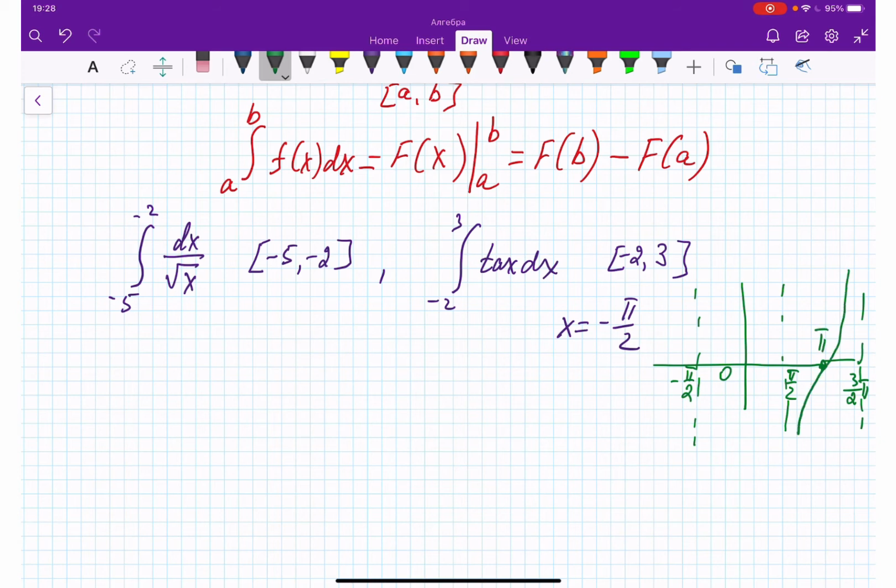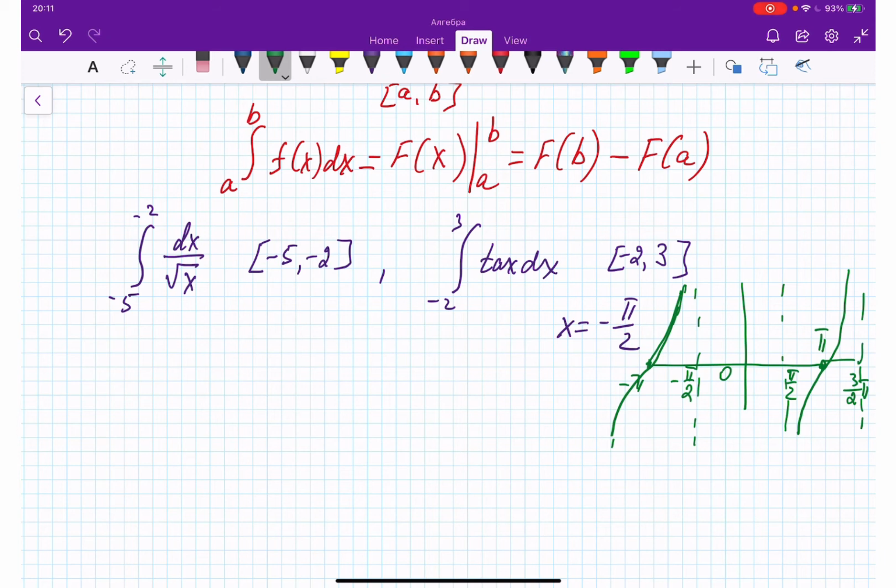At the point of negative pi/2 the tangent is not defined, right? Therefore such an integral does not exist: tangent x dx on the interval from negative 2 to 3.